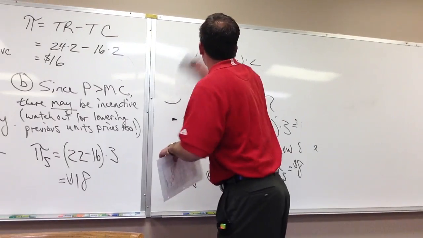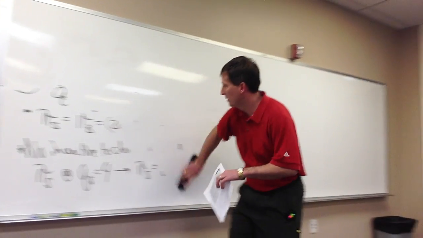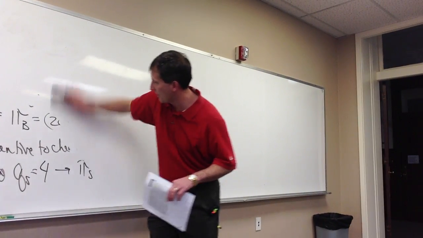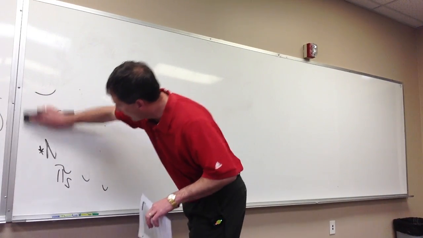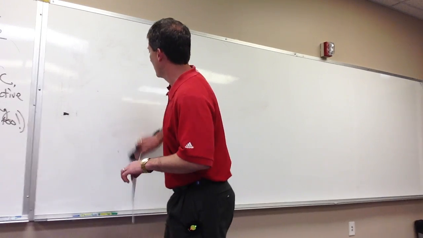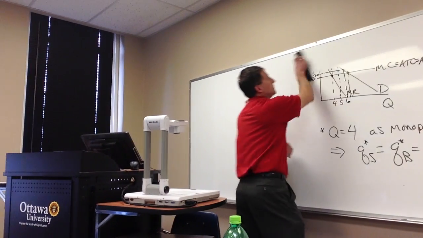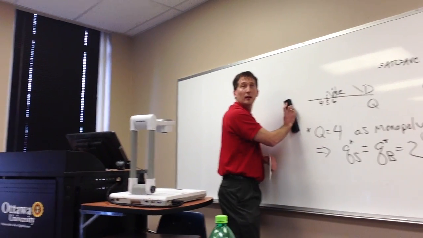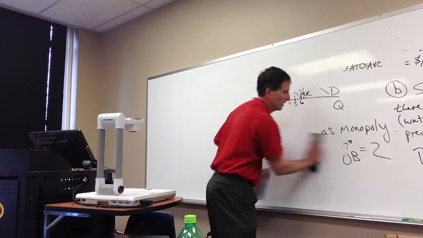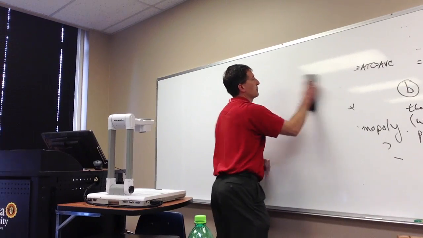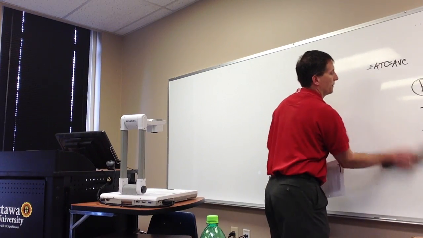And what did they give us in the problem? Two different marginal costs. And what's that demand equation? Whose demand curve is that? Which companies? It's the market's. Good. So it's not the demand for any particular firm.